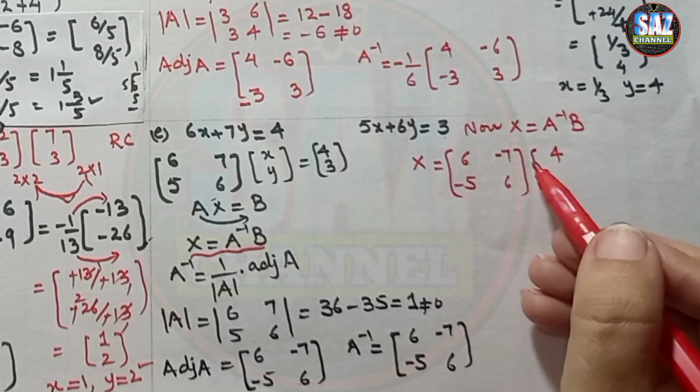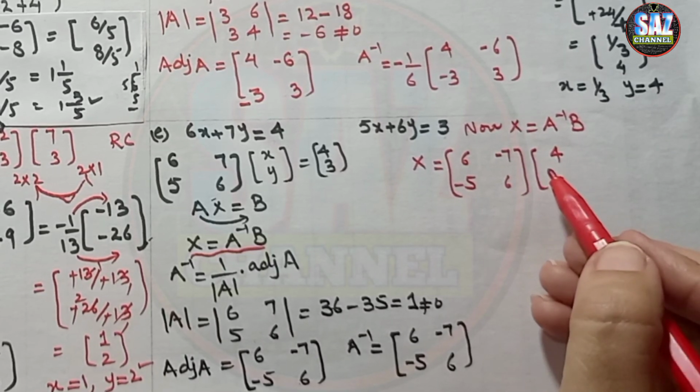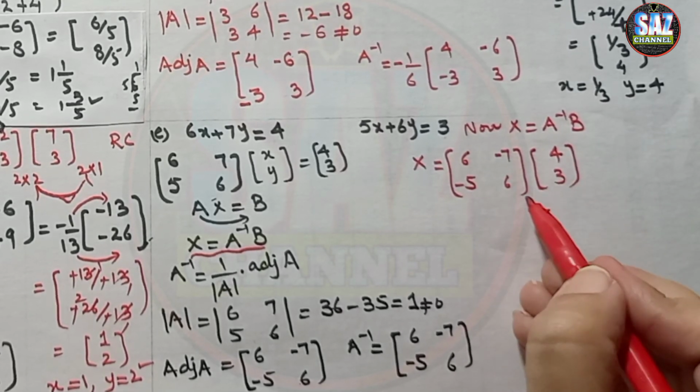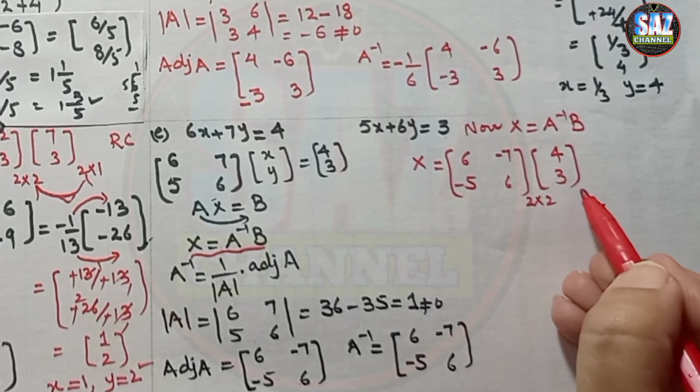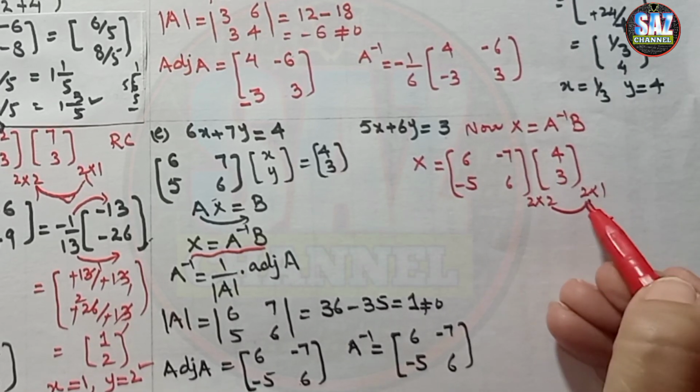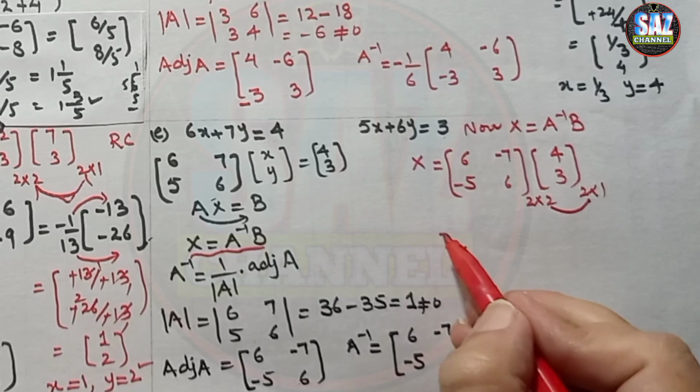We can see that this matrix is 2 by 2 and this is 2 by 1. Columns of the first are equal to the rows of the second, so we can multiply them easily.